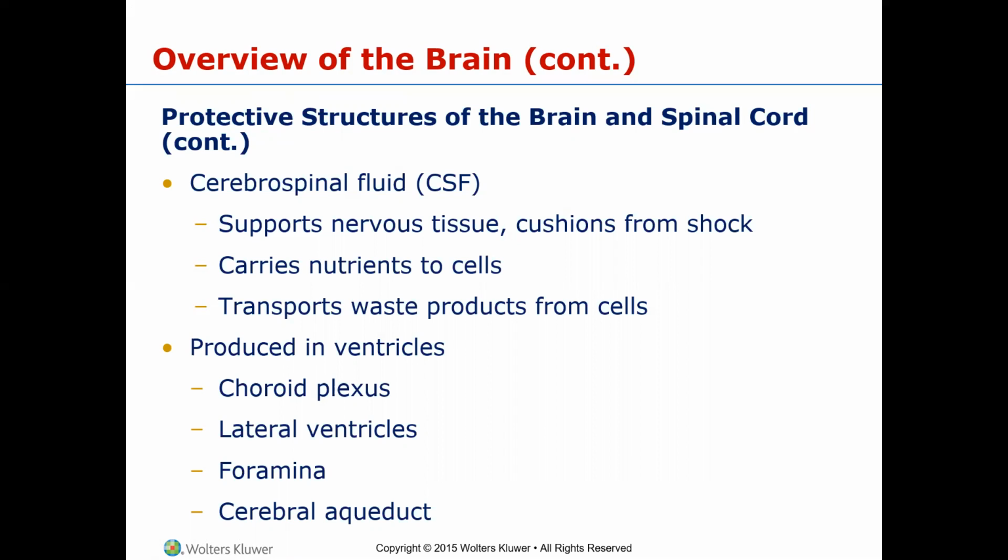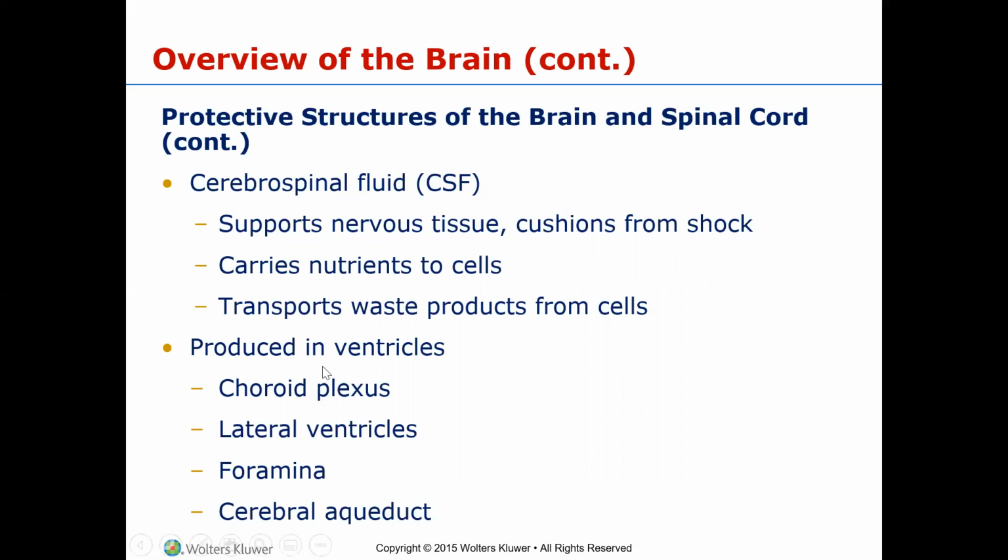The brain is being cushioned by this cerebral spinal fluid, and that cerebral spinal fluid is formed in and protecting the brain and the spinal cord, and it's produced by a capillary network, which is called the choroid plexus, which is found in the 4 ventricles of the brain, which are these spaces.